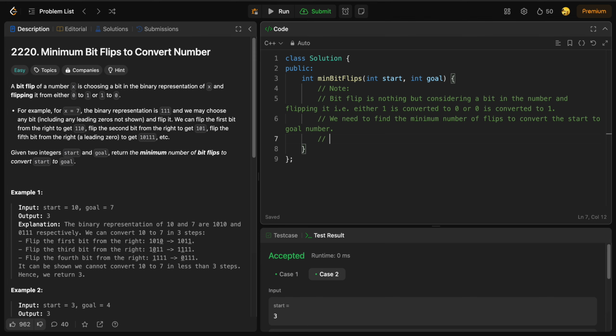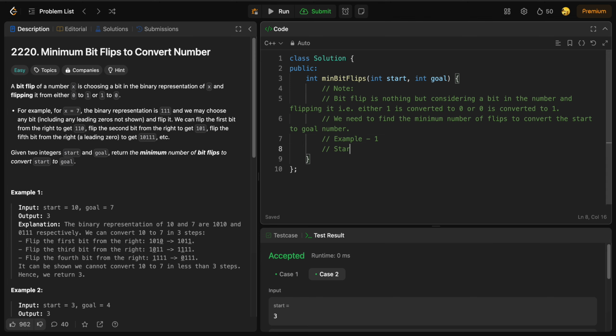It's fairly simple. Let me just consider the first example. We have start as 10 and goal as 7. So what would the binary representation of start be? 10 is 8 plus 2, so it would be 1010.